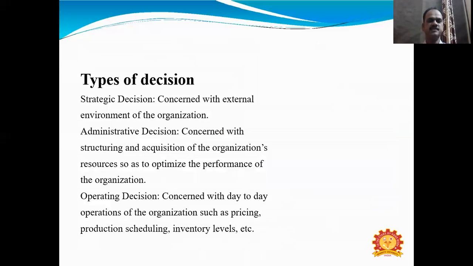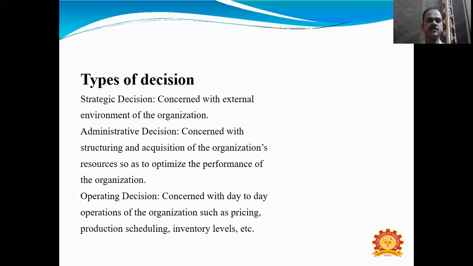The types of decisions. Decisions can be classified into various types. The first one is the strategic decision. The strategic decision is concerned with the external environment of the organization.